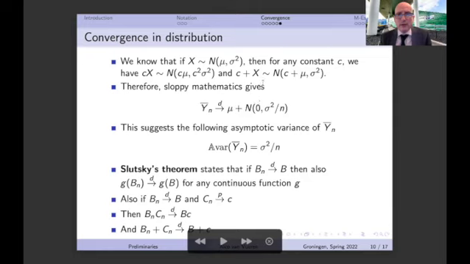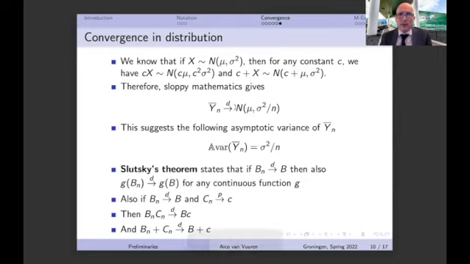And now we can use this relationship in order to bring the mu into the normal distribution. That implies that we still have a normal distribution, now with a mean equal to mu and sigma squared over n as the variance, which implies that the sample mean converges in distribution to this normal distribution that we have over here.